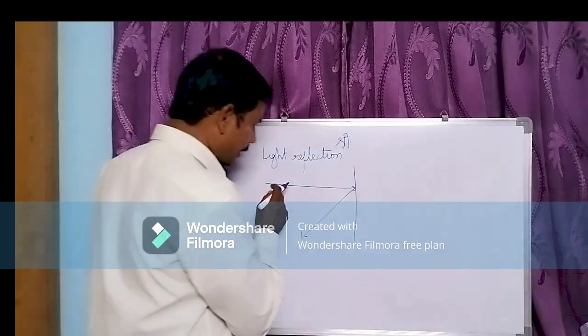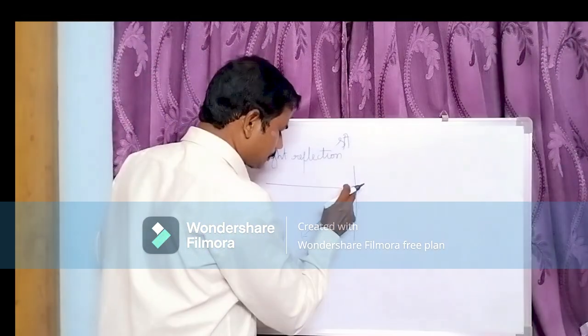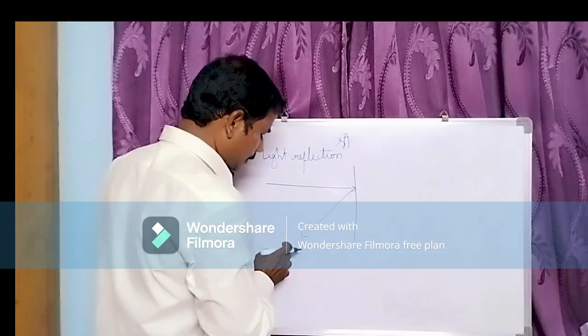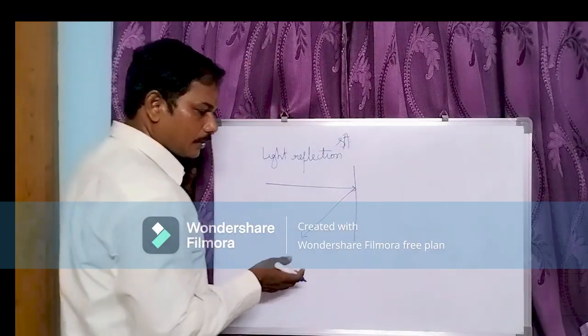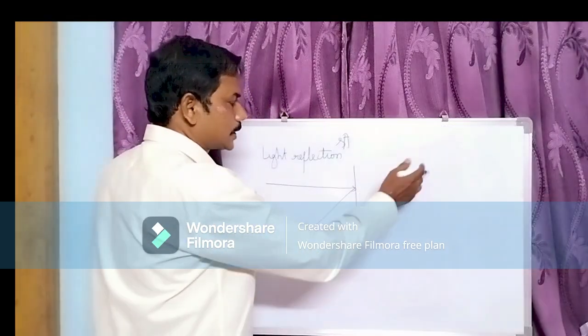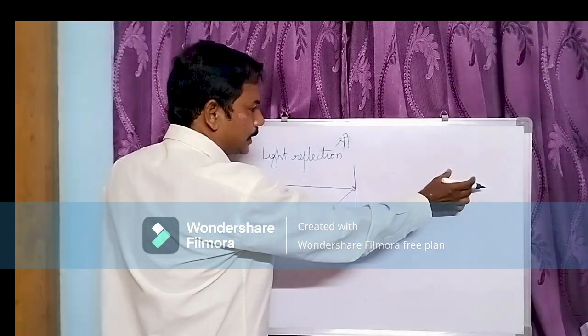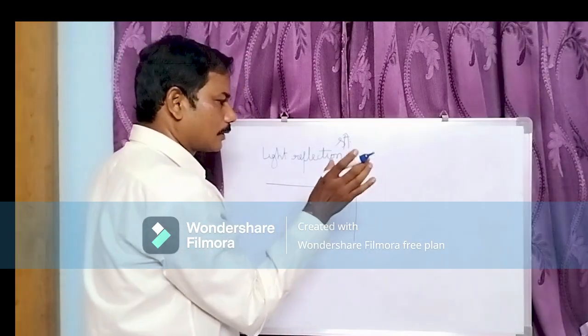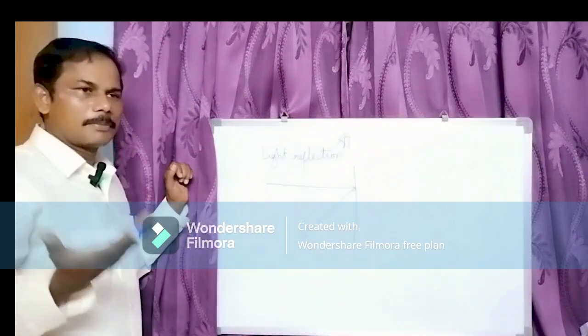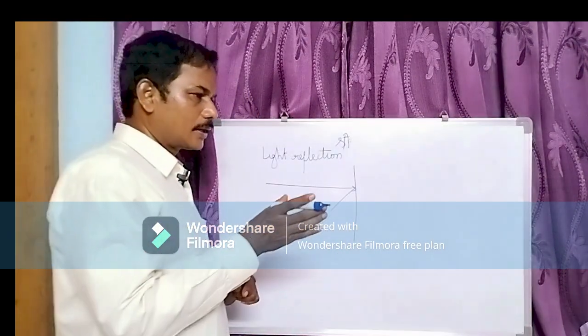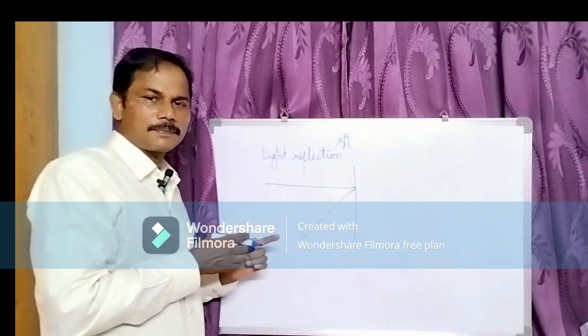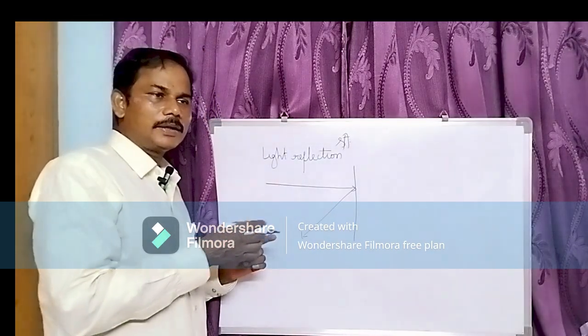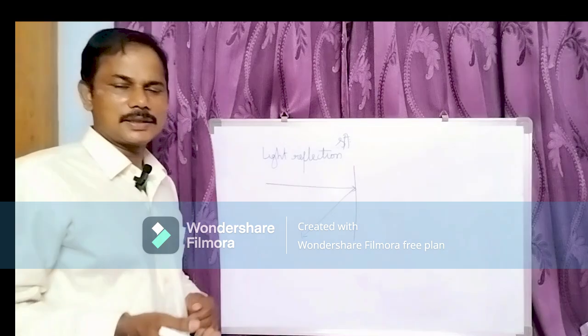When light falls on this plate, it gets back. If a person is in the sunlight, holds a mirror in his hand, and directs the light to a house, it will be illuminated. It is a regular phenomenon.